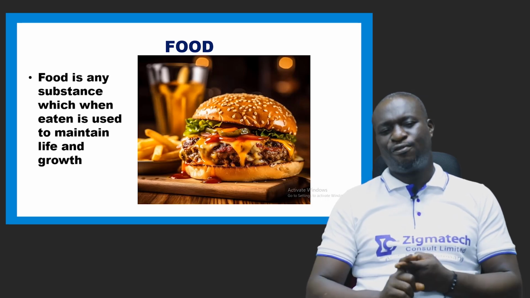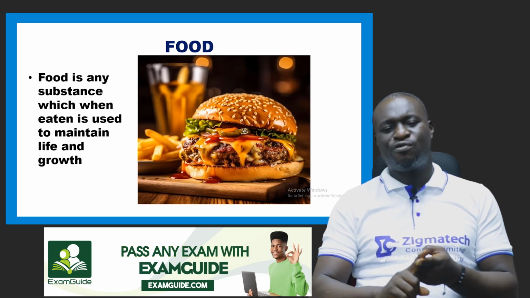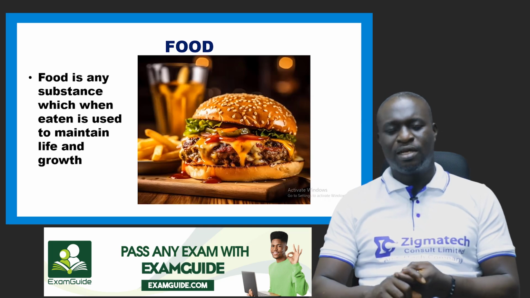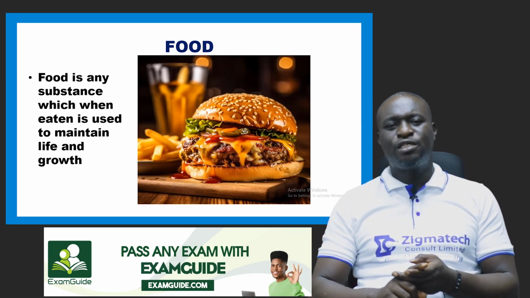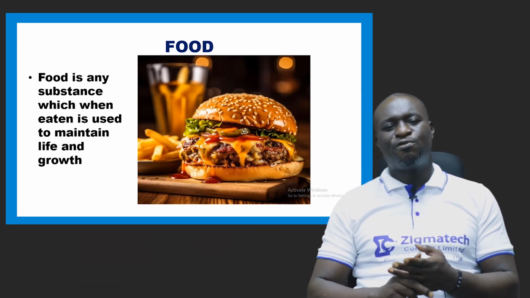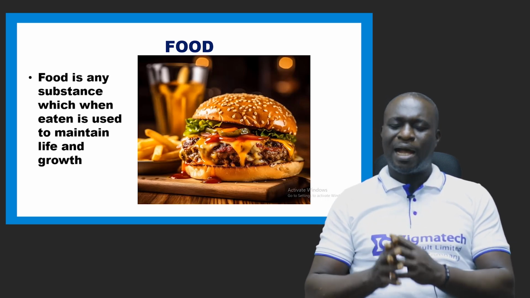We have herbivores, we have carnivores, we have omnivores. Herbivores are animals that feed on just grasses or plants, and carnivores are animals that feed on only flesh or other animals, and omnivores are animals that feed on both plants and other animals.